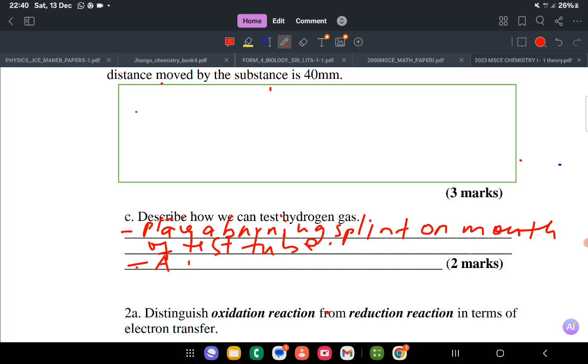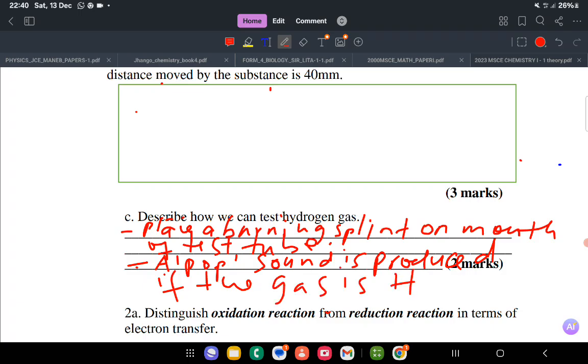A pop sound is produced if the gas is hydrogen gas. That's how to answer this question.